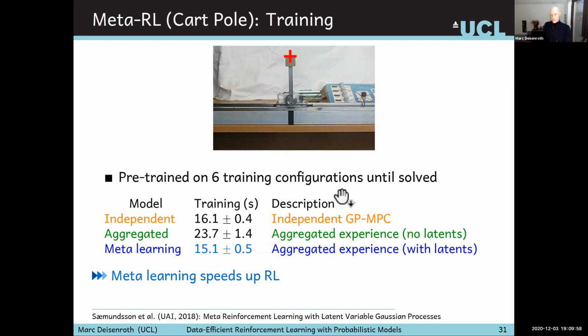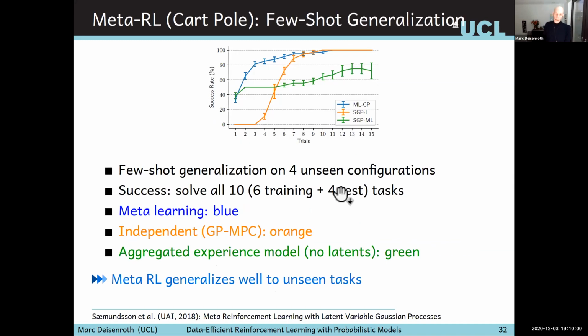But the really interesting case is where we now use these 6 training tasks to warm start learning of 4 unseen configurations. So now we're going to use configurations that we do not have in our training data. And what we want to have is a controller that allows us to solve all 10 tasks.